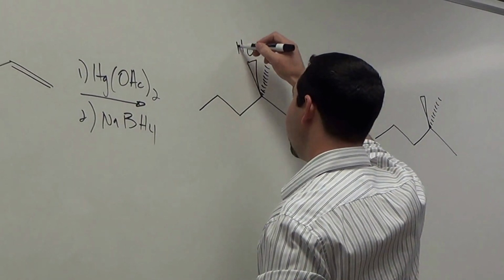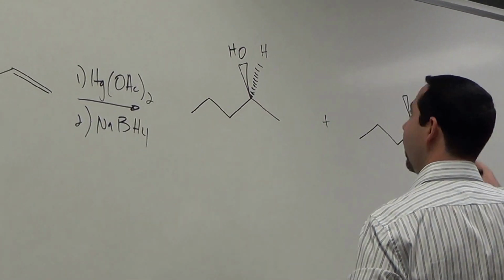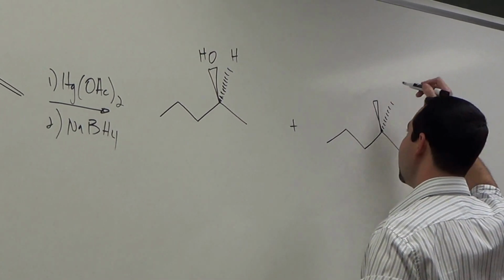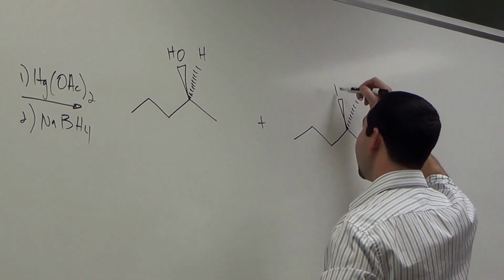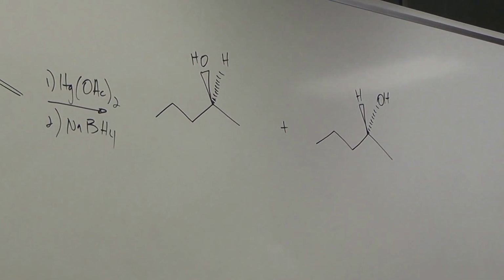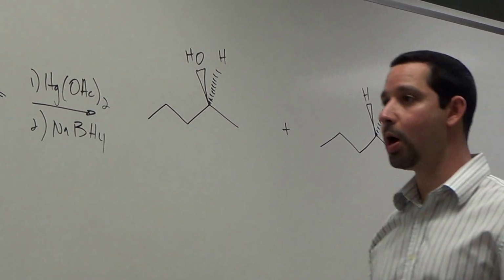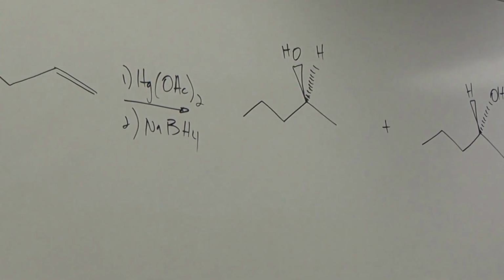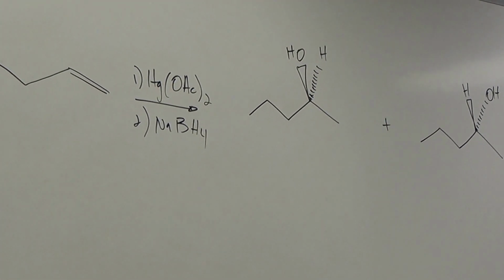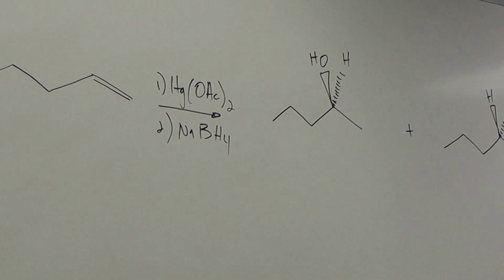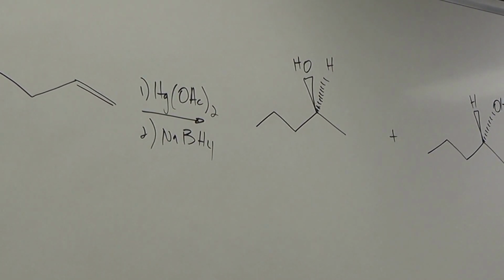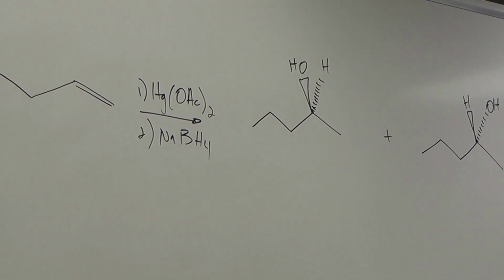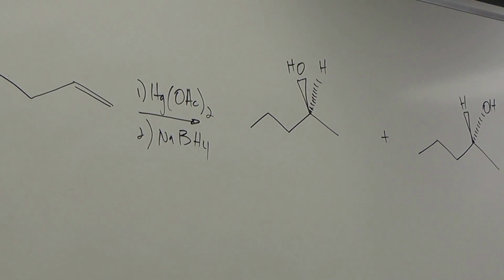I want to put it here on the wedge, and if I put it on the wedge here, this will go on the dash. I am not asking you if they are R or S. I could ask you on the test, but I don't want to waste your time, because then the test will become very long. Yes or no?